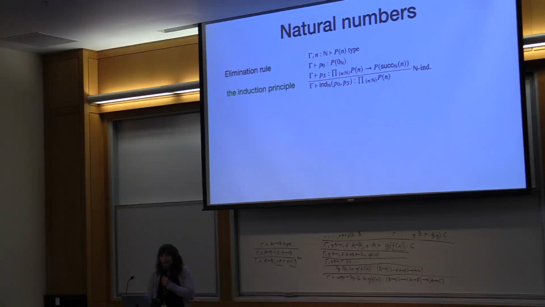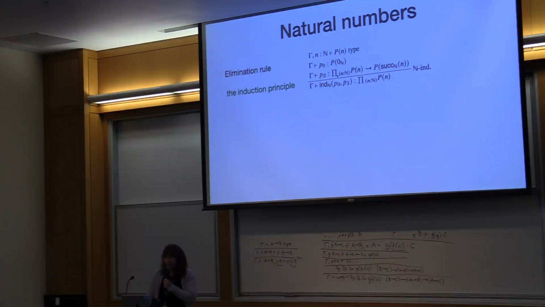Then we give ourselves a proof of 0, this element P0 of type P of 0. And then I'm giving myself this P successor, PS, and this one is actually a function with two arguments.